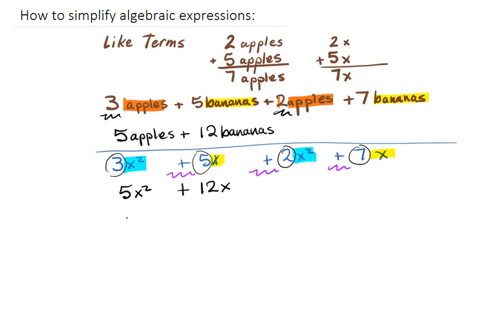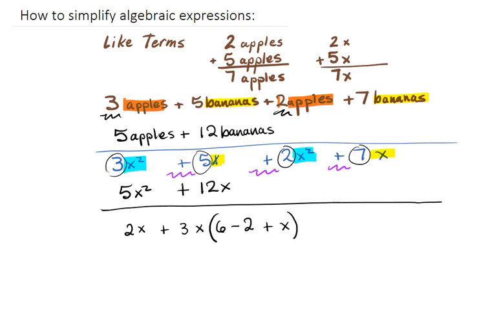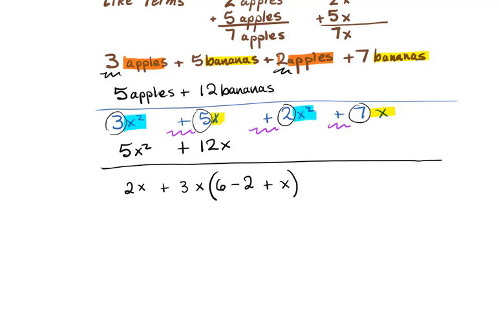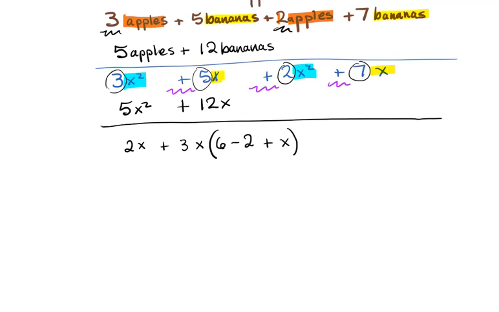But what if we were given something a little more complicated? Let's say we were given an expression like this, and I'm going to scroll up just a little. The first thing we would do is combine any like terms inside parentheses.